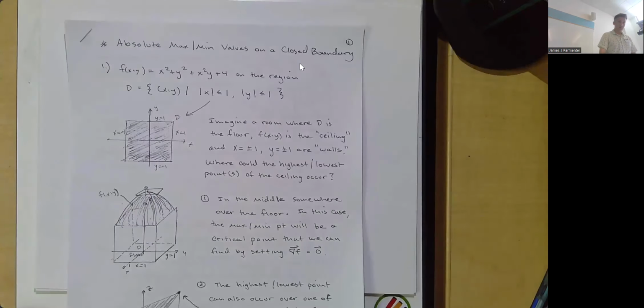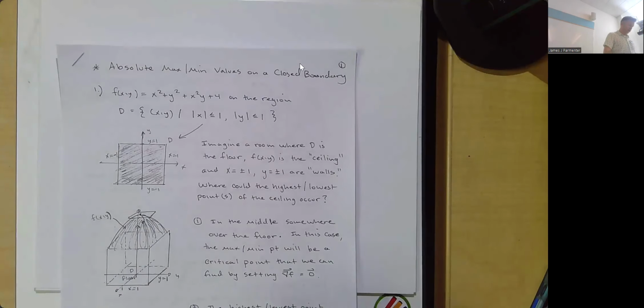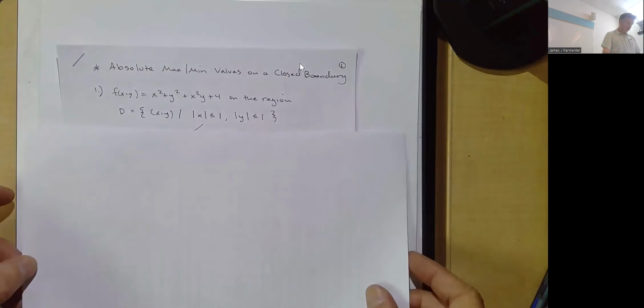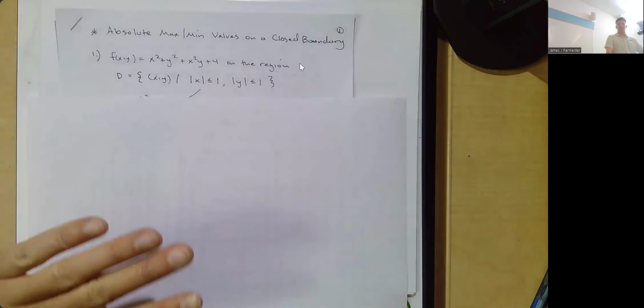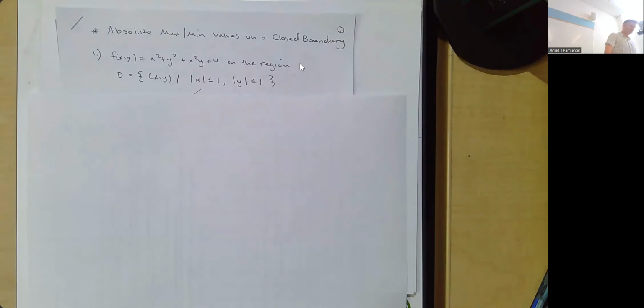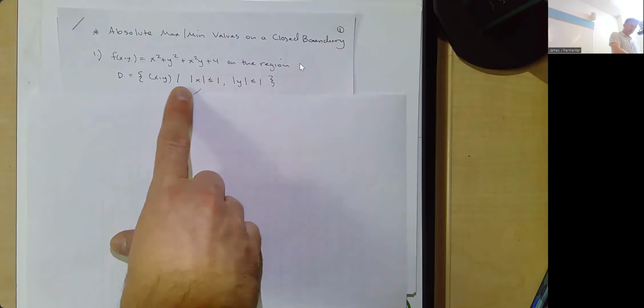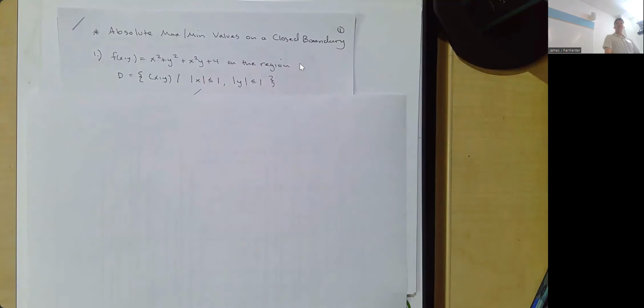So you've got some endpoints. We have a lot more endpoints now. So let's pretend we were trying to maximize and minimize, or find the absolute maximum, of this function on this region. You don't need to write this one down because we're not necessarily going to do this one.